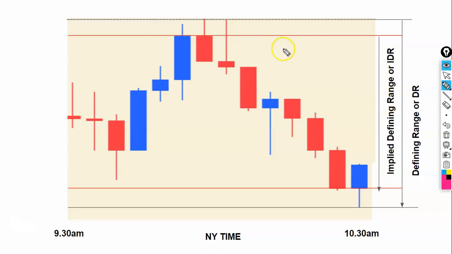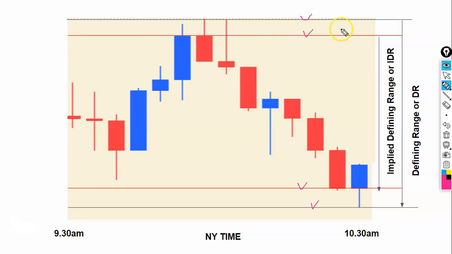Now, this is very important. Listen, once you draw out your DR levels and your IDR levels, what you need to do now is to monitor price within these levels, this high and low.